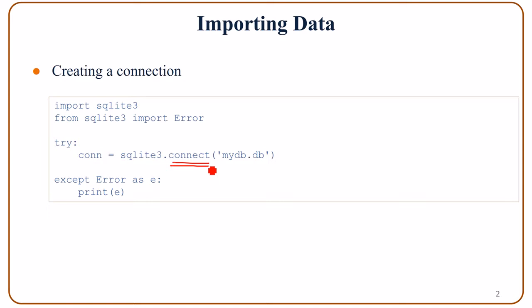You call the function connect and give it the name of the database file. The result is returned as a connection, and later on the connection can be used for a number of activities, such as to create a table, to insert data into the table, to select data from the table, etc.